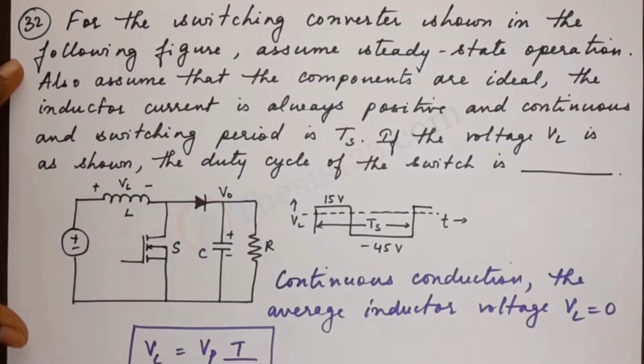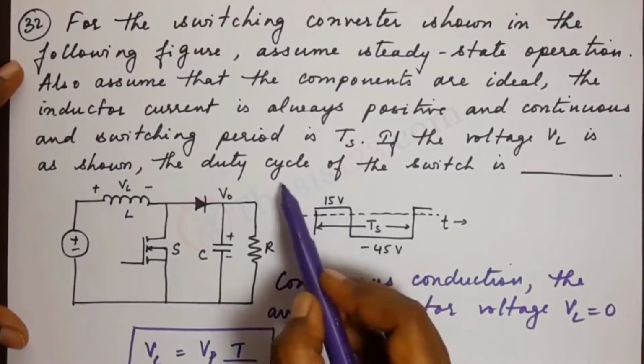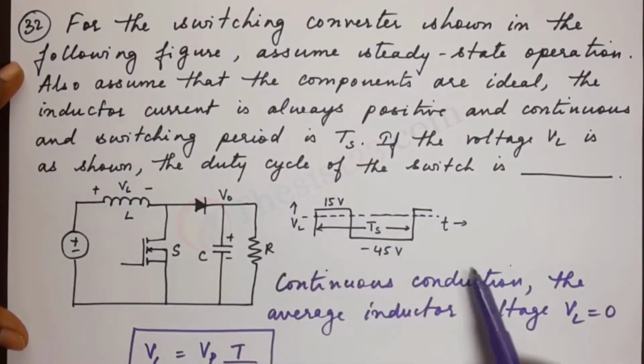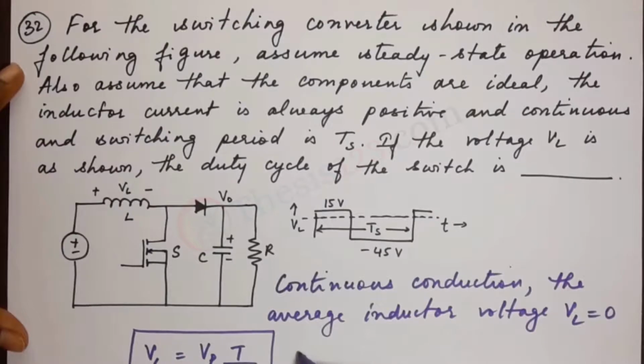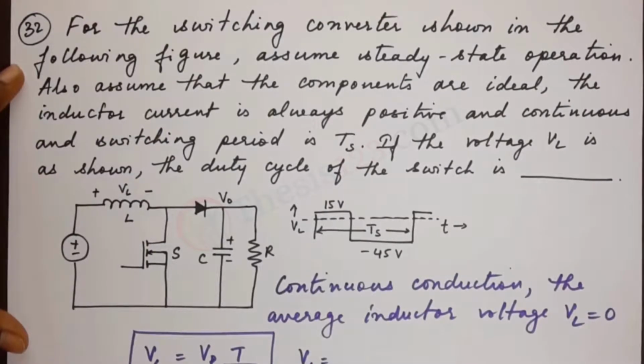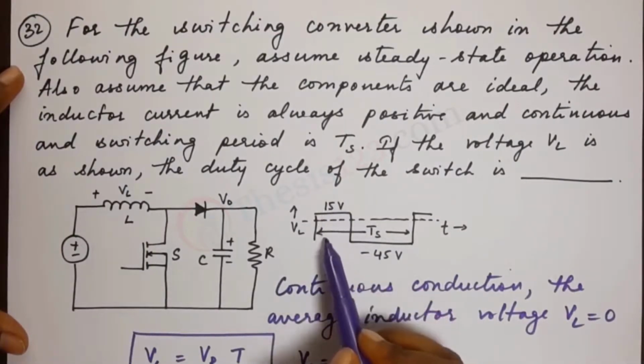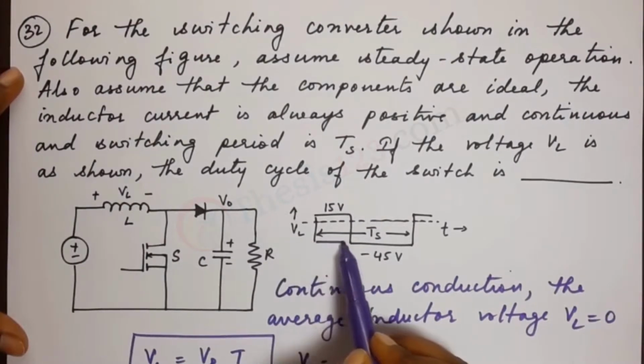So using this expression, let's write down the voltage equation looking at this graph here. VL would be equal to, Vp is the value 15. So first we are going to look at this portion here.